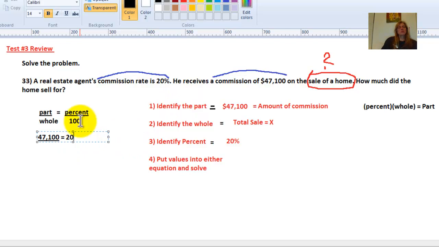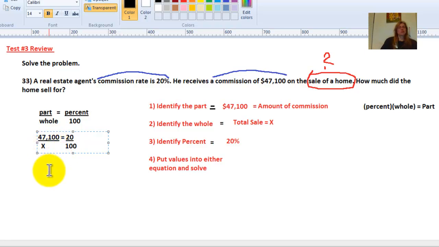When you use this equation, putting the 20 as a fraction over 100 allows us to remove the percent sign. So when you write 20, write it just as 20, but you're going to put it over 100. So the whole here is our X, and then this is over 100.